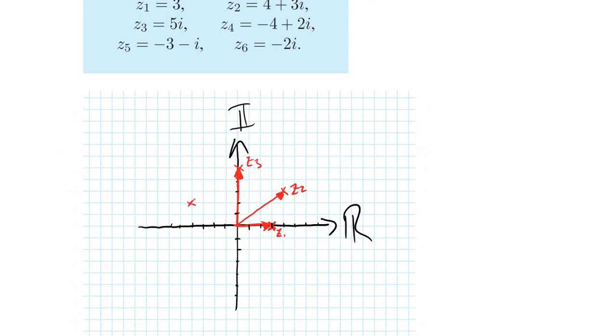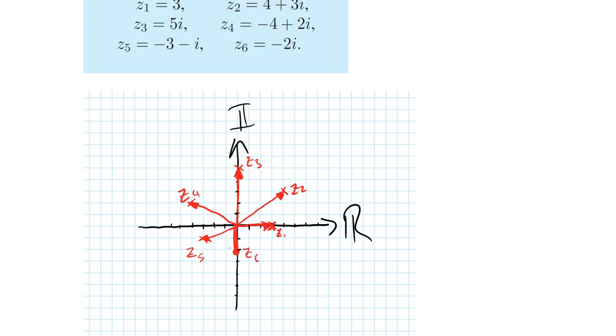So -4 in the real direction, 2 up in that imaginary direction. If I was drawing the line, that would be the arrow, look, that represents the complex number Z4. Z5 is -3 minus i, so we're going to be there. Z5. And then Z6 is just -2i. Well, that's going to be there, isn't it?